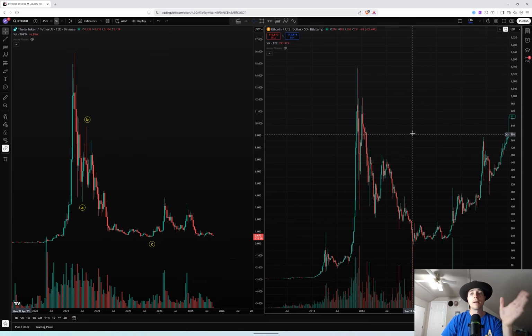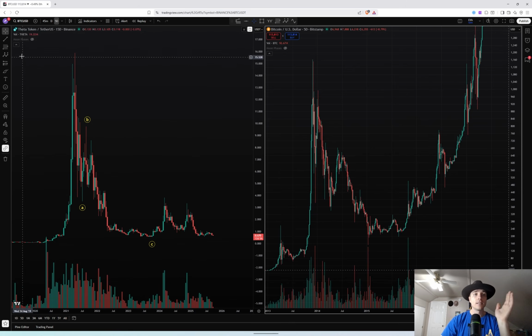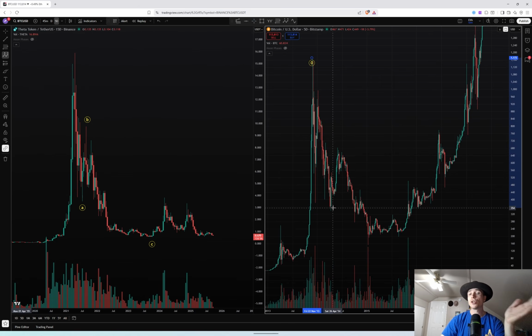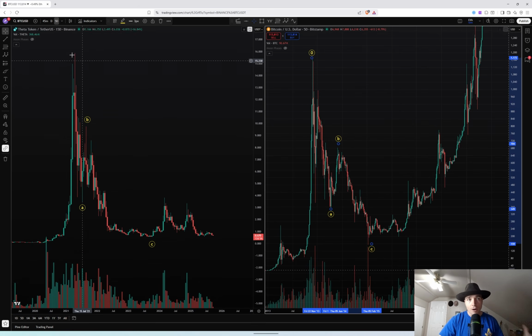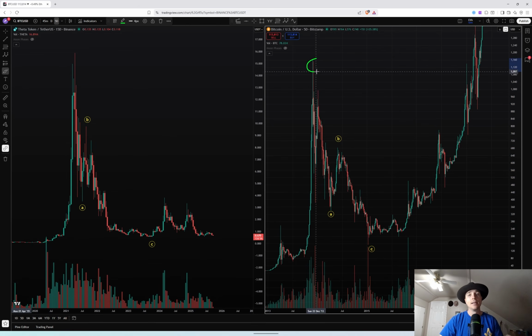And even more examples of the same pattern would be Bitcoin back in the day, the same ABC zigzag correction over here on the right with Bitcoin coming back all the way down to support. People panic sell, they think it's dead, they give up, and then a whole new bull market starts, and the old all-time high is completely obliterated in a new bull market.